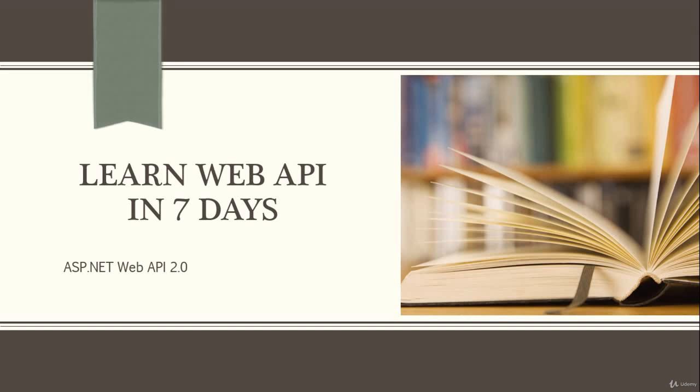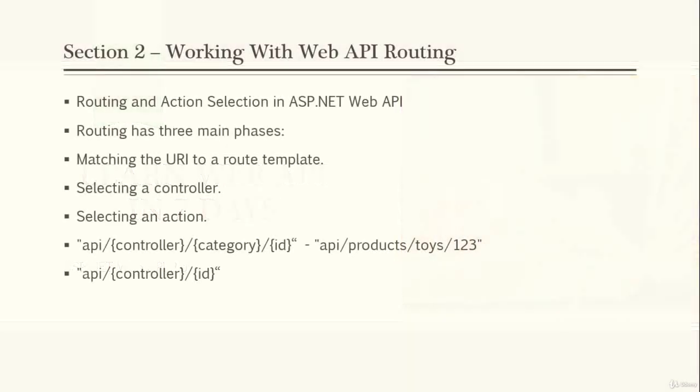In this lecture, we are going to work with ASP.NET Web API routing features. These are the things we will be discussing: routing and action selection in ASP.NET Web API, and the three main features of routing: matching the URI route template, selecting the controller, and selecting the action.